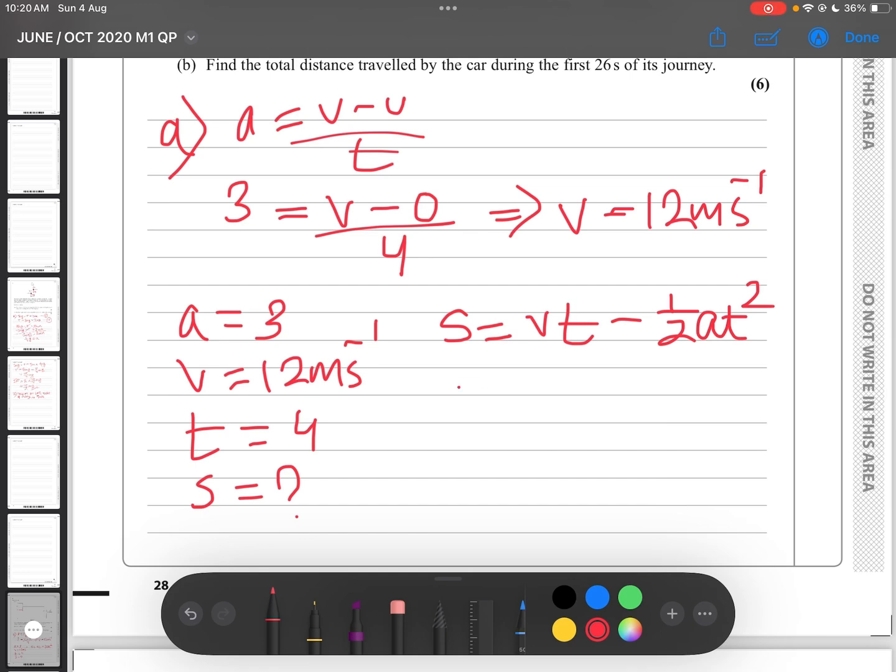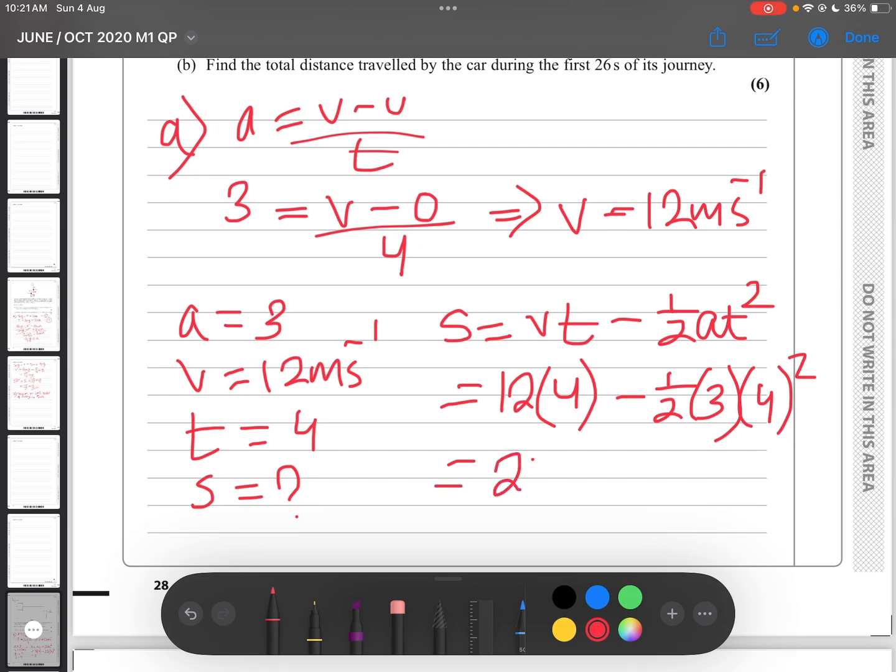So s equals 12 times 4, minus half times 3 times 4 squared. Simplifying this, we get the distance to be 24 meters. And this was the answer to part A.